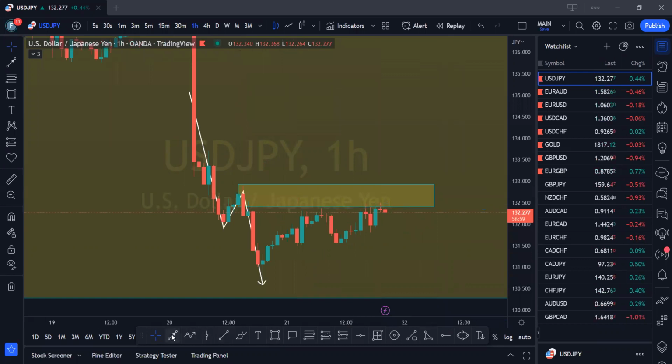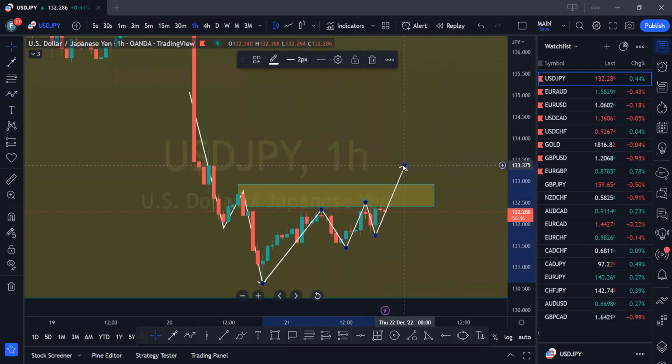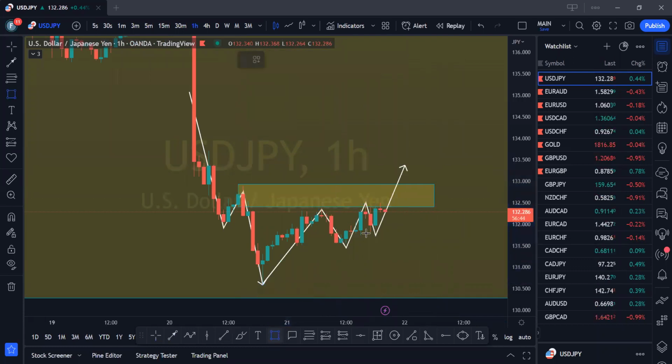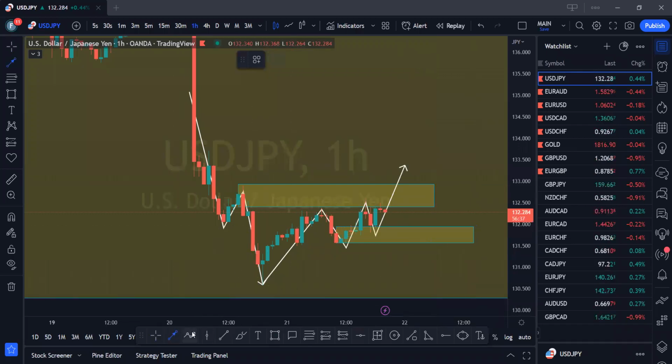Right now this is some sort of a flip zone currently happening. You want price to break this zone. Once that break happens, we wait for price to retrace into this zone. You wait for the retracement, and then you take your entry. To take your entry, you can go to a lower time frame and find a confirmation.